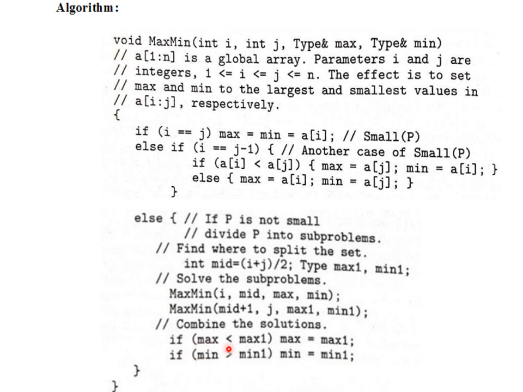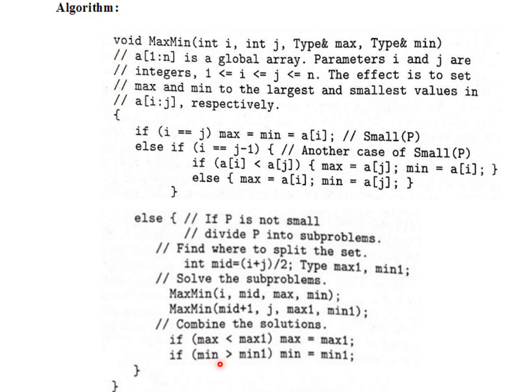If maximum is less than maximum 1, that is, if the maximum obtained from the first recursive call is less than the maximum obtained from the second call, then maximum is assigned maximum 1. This is the maximum of the list.